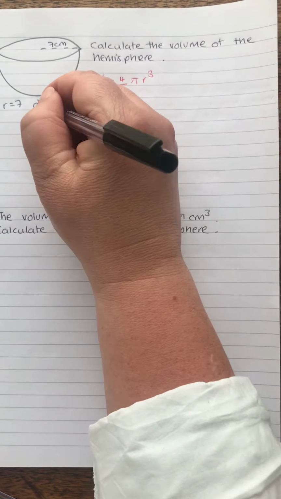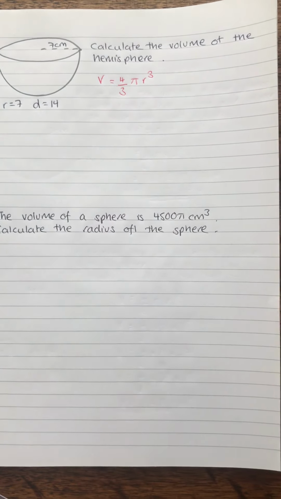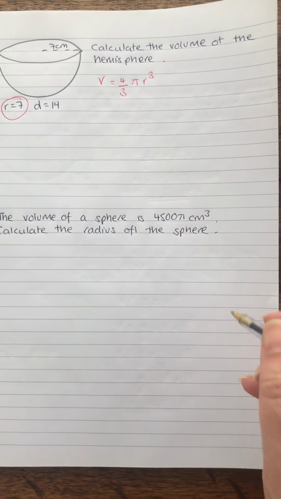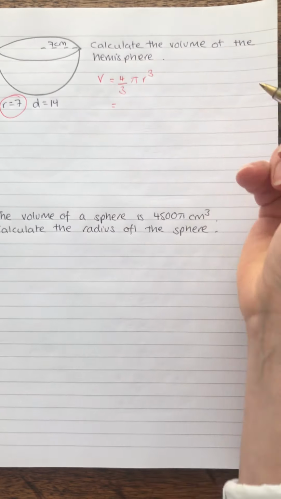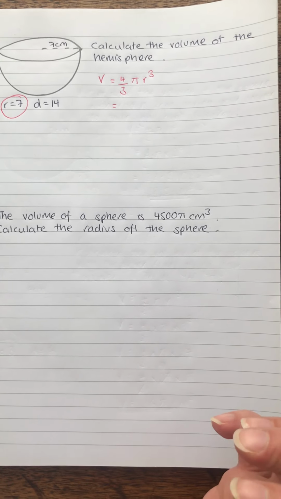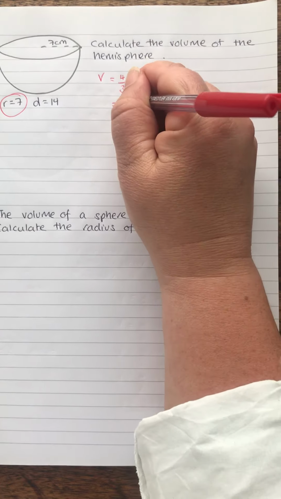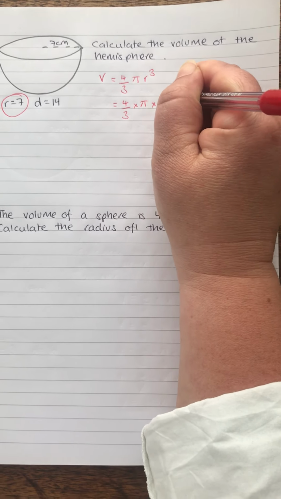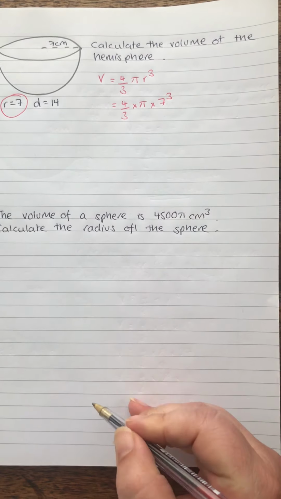Radius 7 centimetres, so my diameter is 14. I'm of course going to be using the radius here. And let's fill in what we know. So if I was finding the volume of the whole sphere, it will be 4/3 times pi times 7 cubed.